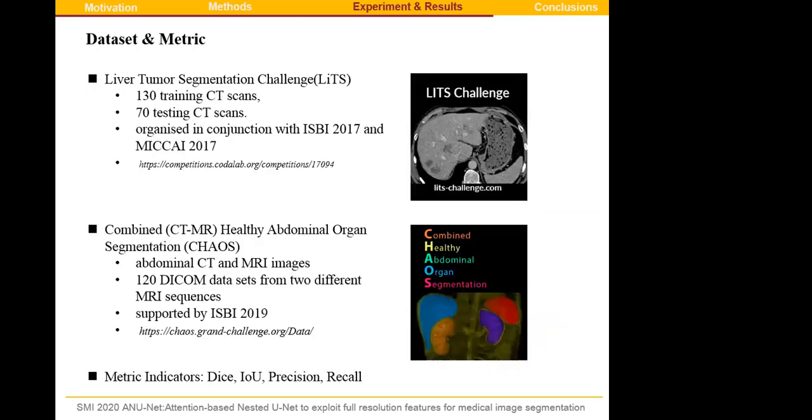And then we conducted some experiments on 2 public benchmark datasets. They are the LiTS dataset and the CHAOS dataset. These 2 datasets cover organs from common medical images, including CT and MRI.